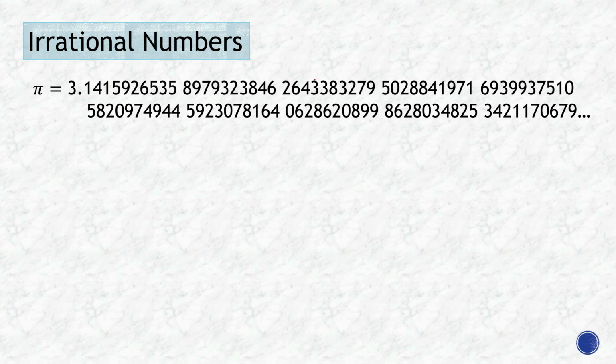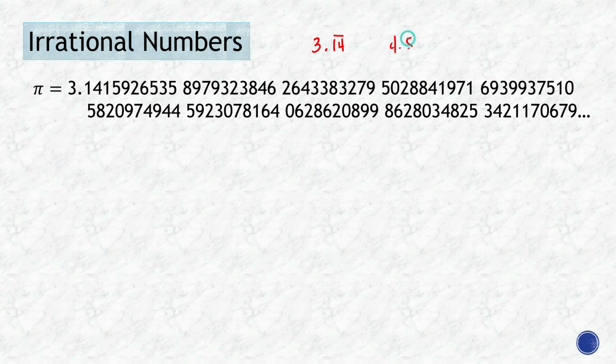Let me give you an example. Let's say 3.14, and there's a bar on top. The bar on top is telling us that this is 3.141414. So the next numbers are predictable. Okay? Although it's infinitely 1414.